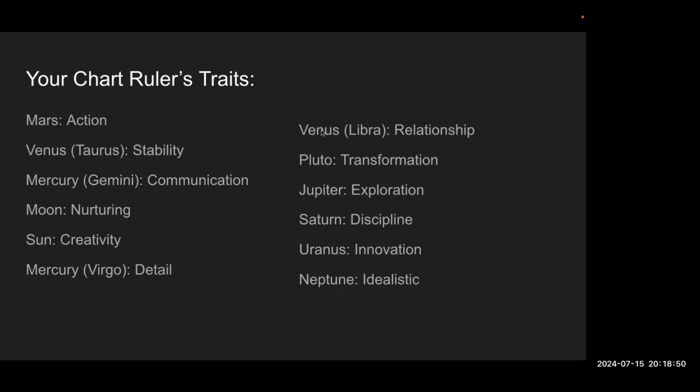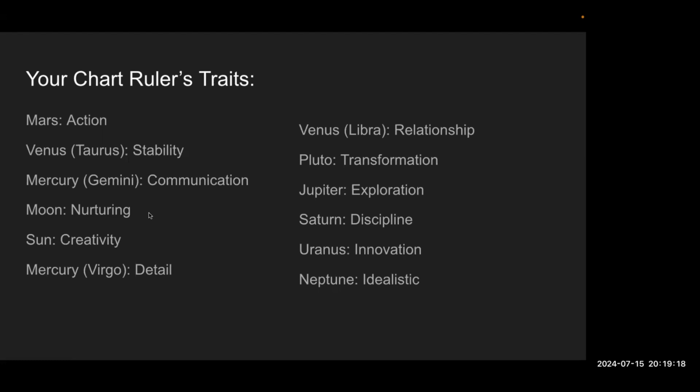For me personally, I am a Libra rising, so I'm going to go to the Libra Venus here, and I'm going to write down relationship because Libra and Venus both rule relationships. If you're a Taurus rising, you have the Taurus side of Venus, you'll want to write down stability because Taurus is very stable. So whichever one your chart ruler is, you'll just want to take this word.